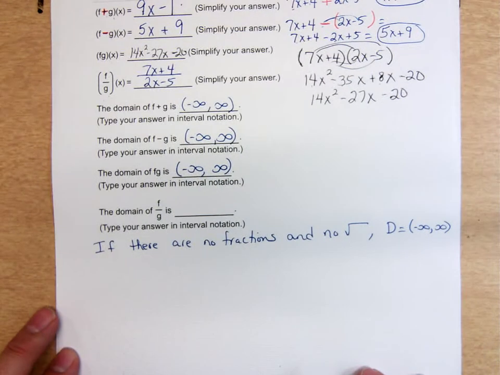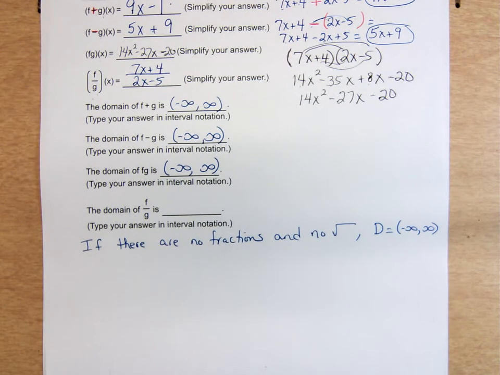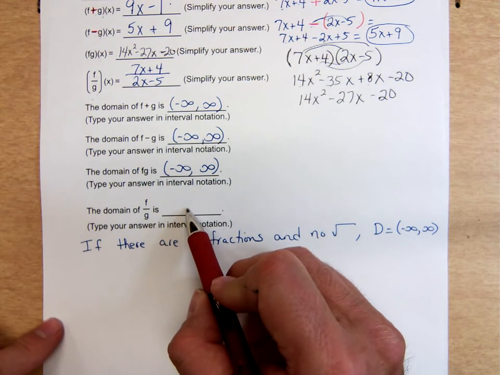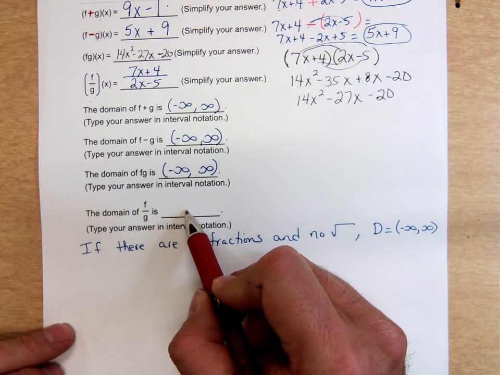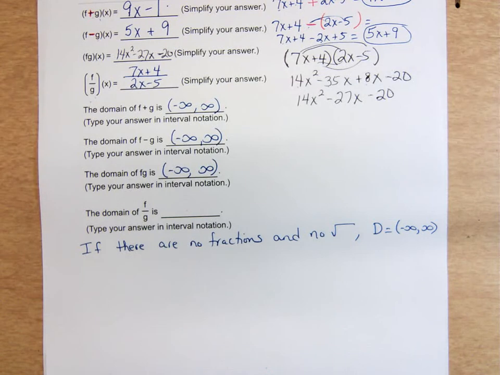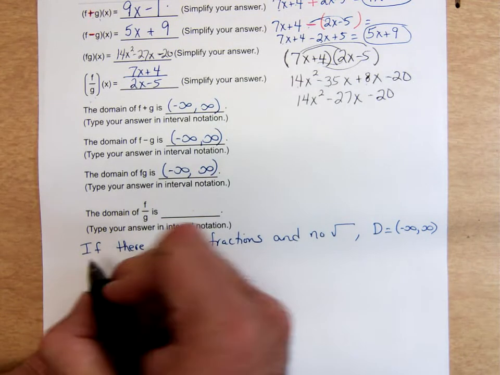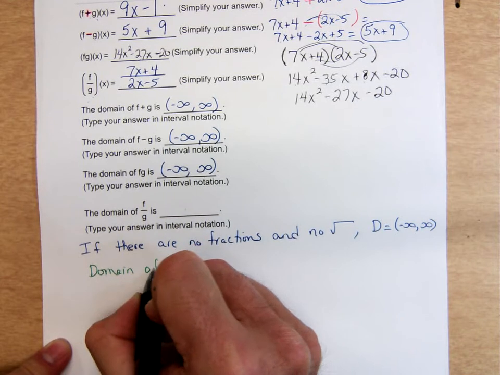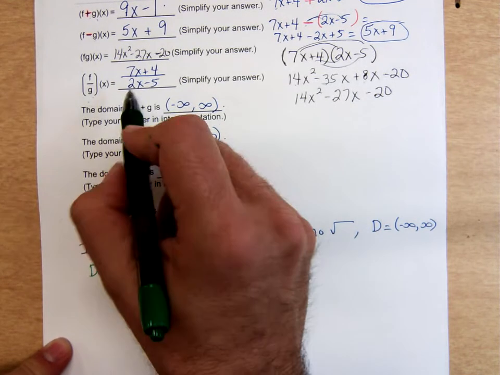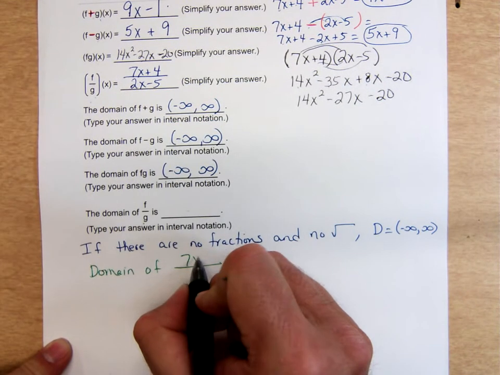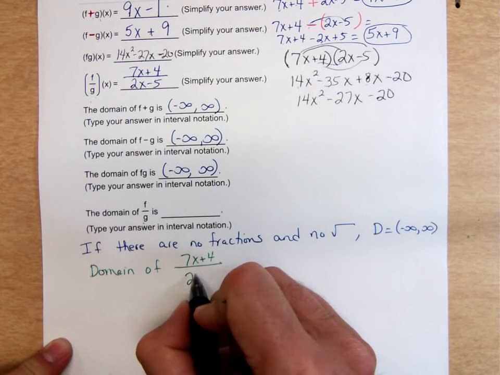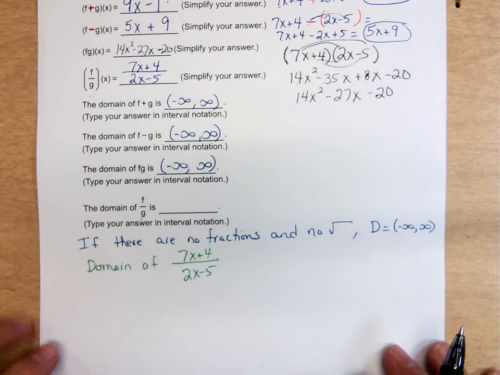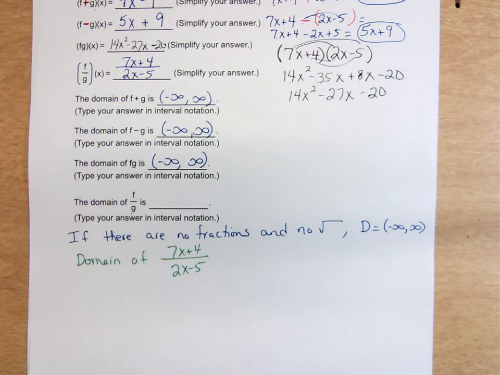Now, for the domain of f over g, that's going to take a little bit more work. I'll do that here. Domain of f over g. What was that? 7x plus 4 over 2x minus 5. Well, when we're finding domains, we don't want a denominator of 0.